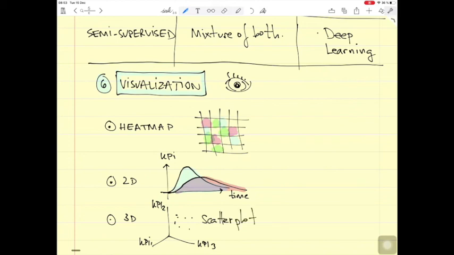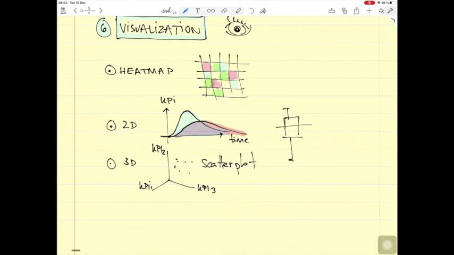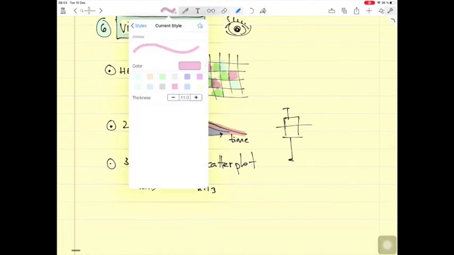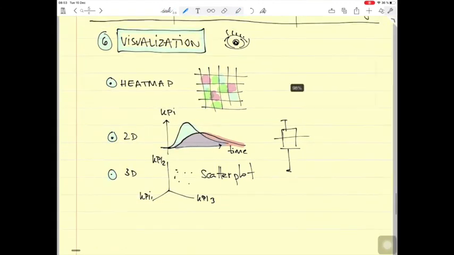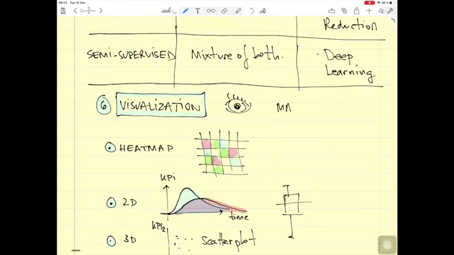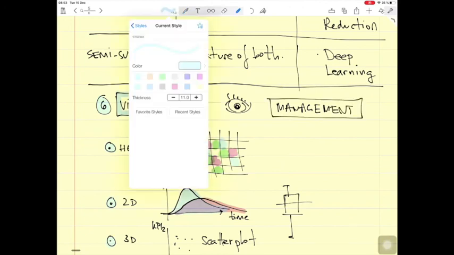Here we can also have a box plot with the median and stuff. Okay, so there are a bunch of different ways to represent information, and this is important for the management, to represent the results properly.